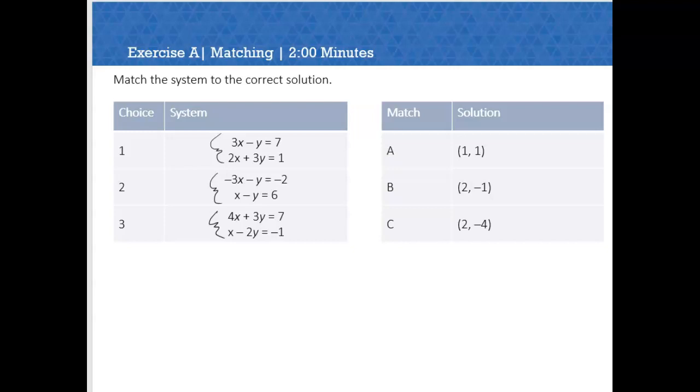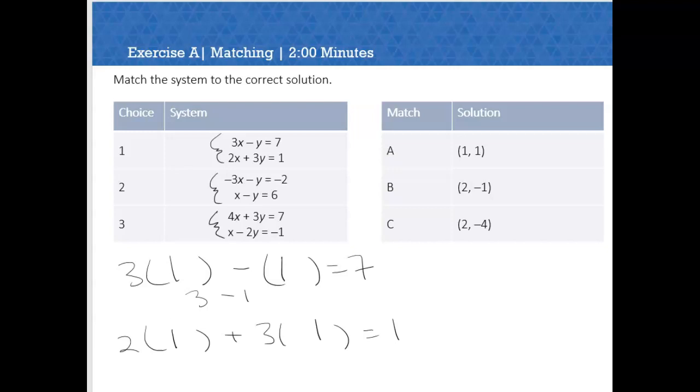So let's look at this first one. 3x minus y equals 7. And then 2x plus 3y has to equal 1. So if we try 1, 1 first, we have 3 minus 1. Well, that's definitely not 7. So 1, 1 is not going to be a solution.